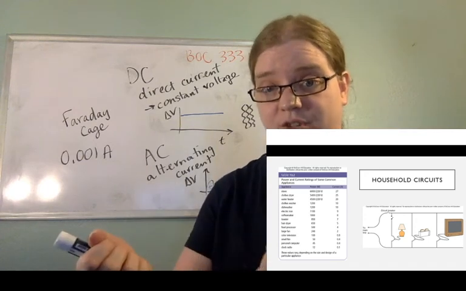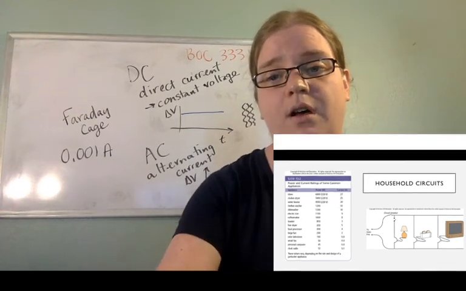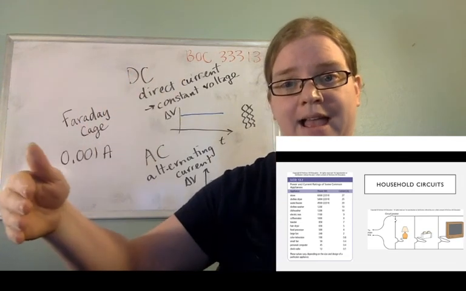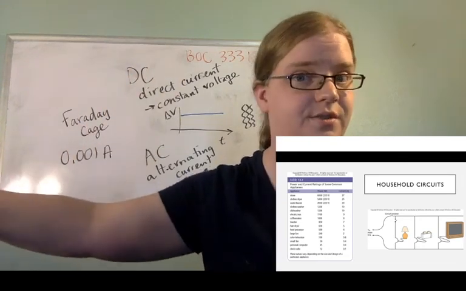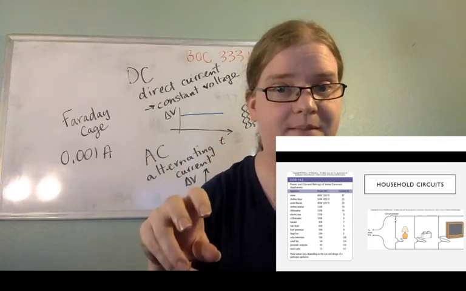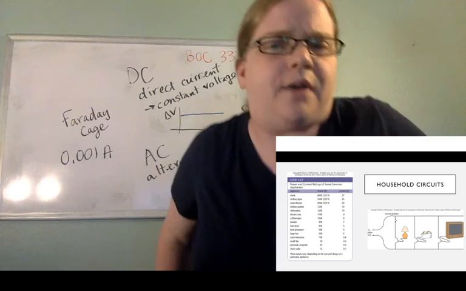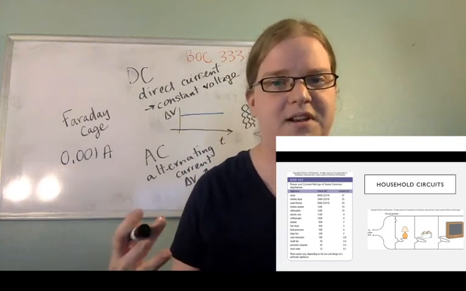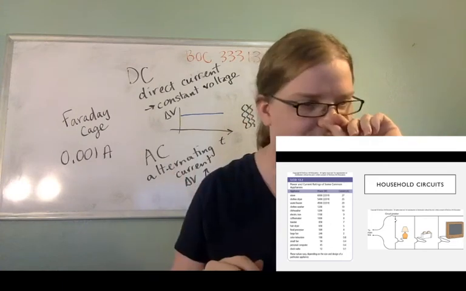But there's a danger, right? We saw with parallel circuits that as we add more resistors, we draw more and more current from that power supply, right? So it's not a battery for a house. It comes from a power plant, usually, unless you live off the grid and have a generator or solar panels or something.